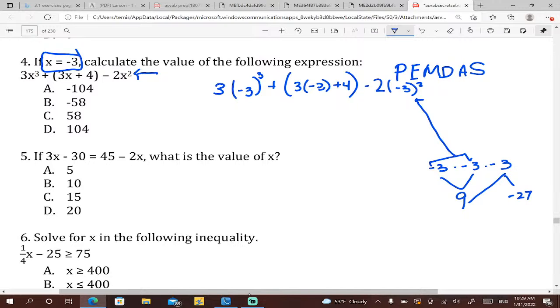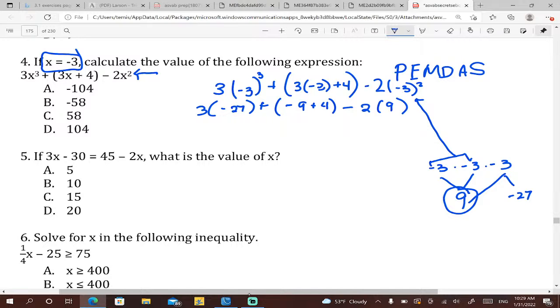So it's going to now be 3 times -27, plus parenthesis, 3 times a -3 is -9, plus 4, minus 2. And then the -3 times the -3 right here is 9.